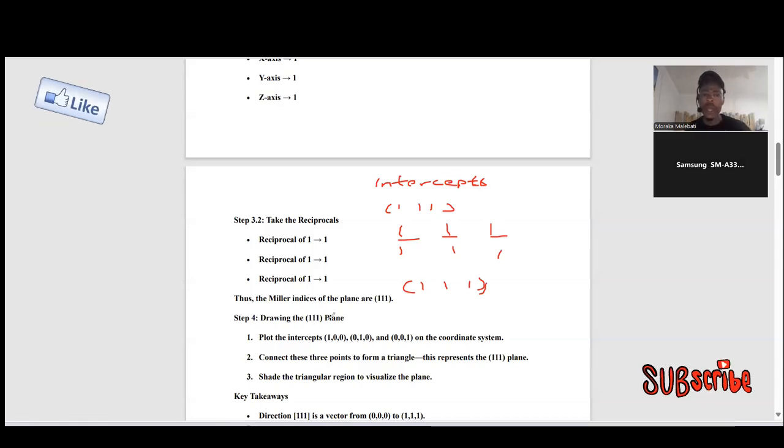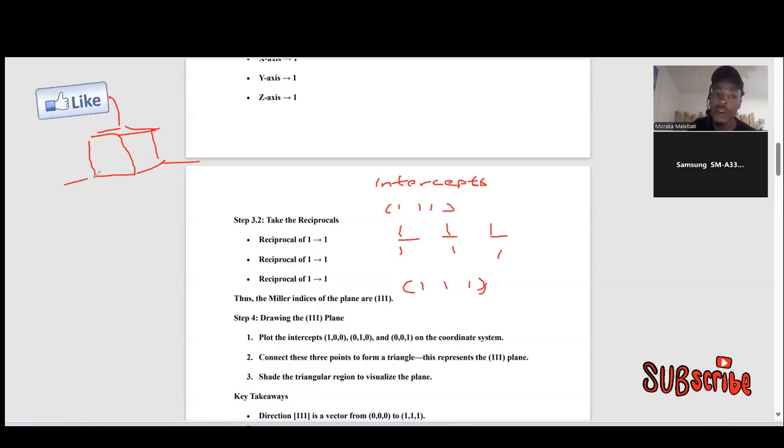Now if you want to draw this plane, obviously you have whatever I've shown you earlier. Yeah, this is bad, but I hope you understand. Now if this is 1, this is 1, this is 1, for example, you can do something like this.